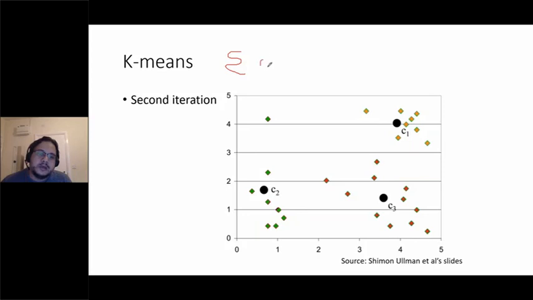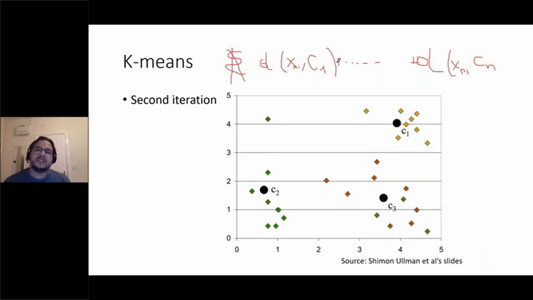Let's call the distance D: the distance of my data point X1 from C1, and so on, until Xn from Cn.